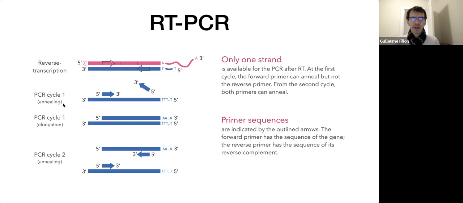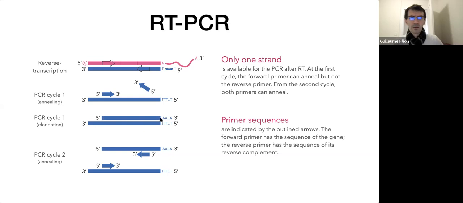As the PCR starts, the primer at the bottom cannot do anything, because it anneals to something in pink, but the pink is not even present in the PCR reaction. So it's only this primer here that can bind. It will elongate with the usual polymerase reaction, a PCR reaction.